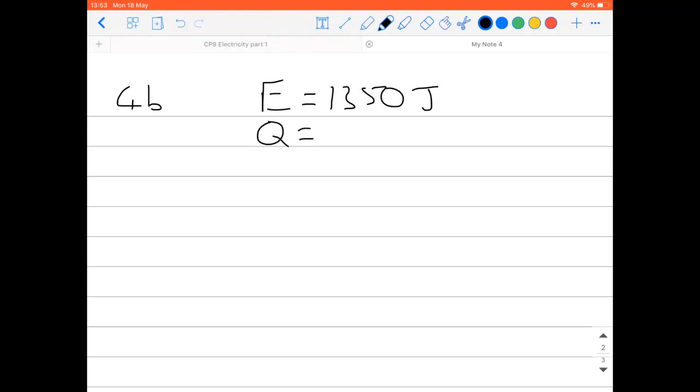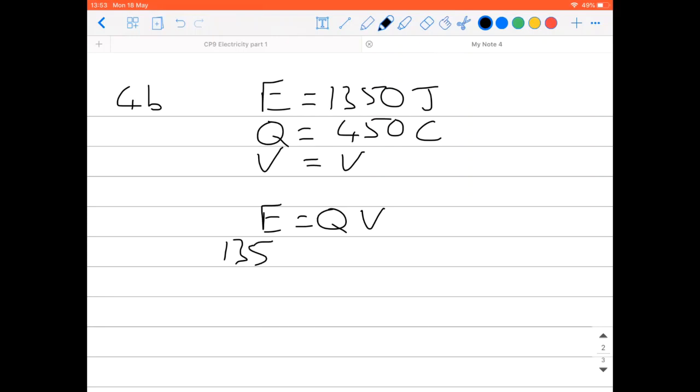The charge is equal to 450 coulombs, and the potential difference we don't know, we're going to leave it as a V. Our formula, E equals QV, 1,350 equals 450 times V. I need to get rid of this 450 on this side, so I'm going to divide both sides by 450.